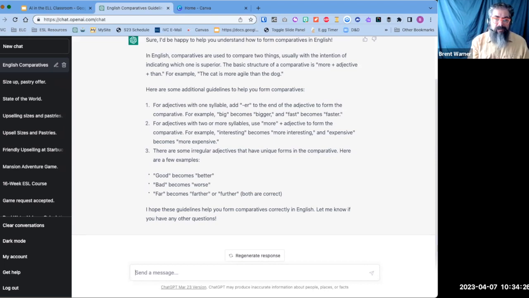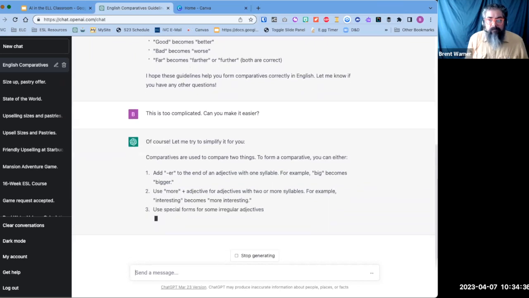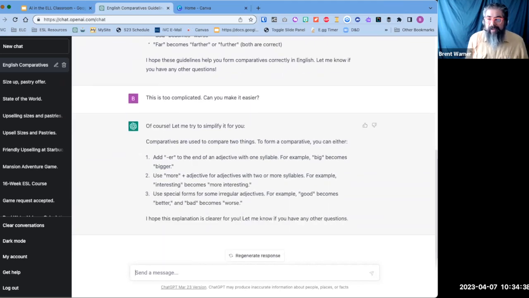So then I might say, this is too complicated. Can you make it easier? And it is going to simplify it for them. So it's just saying, yes, add ER with one syllable, add more with more than two syllables. Now, we know that that's not perfectly right.